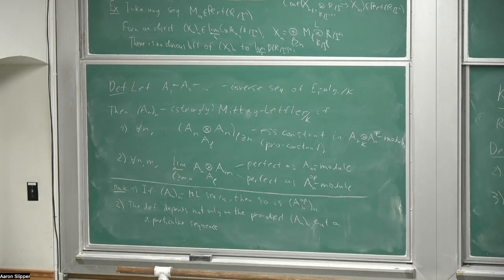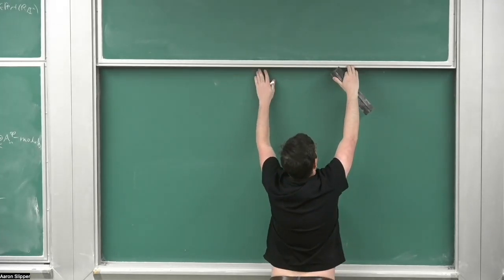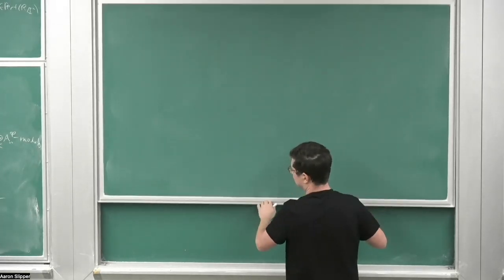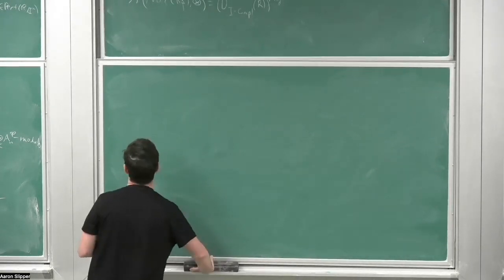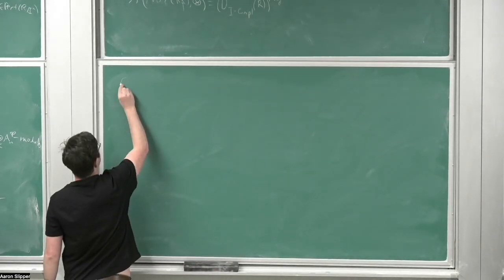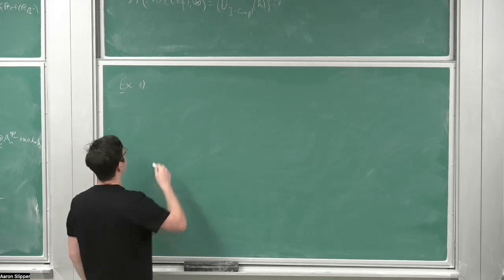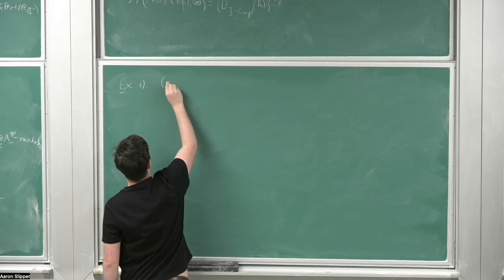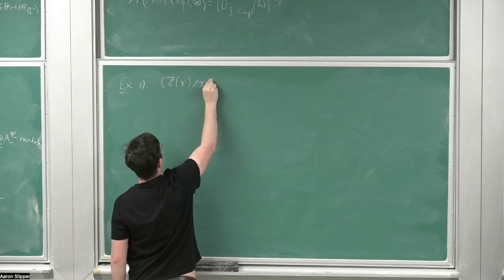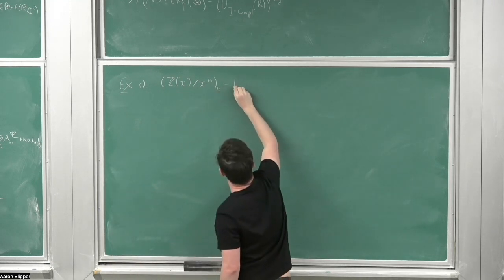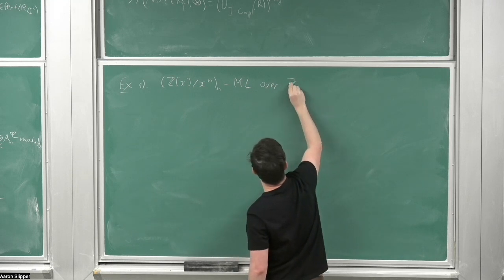Okay, so, yeah, the first example is that the sequence g of x mod x to the n is Mittag-Leffler over g of x.